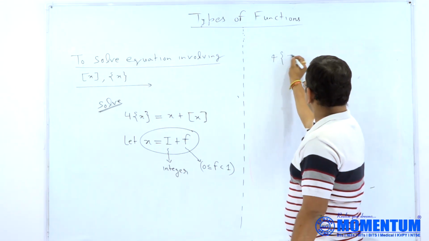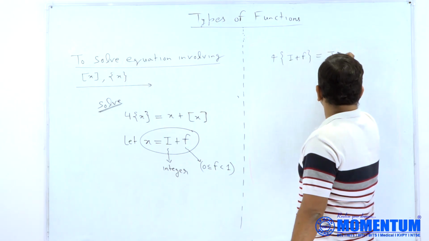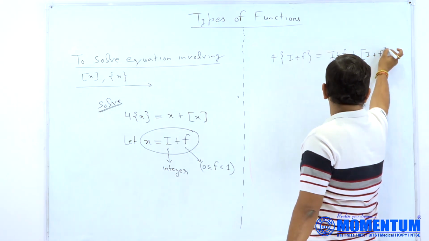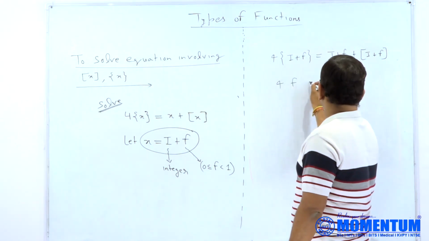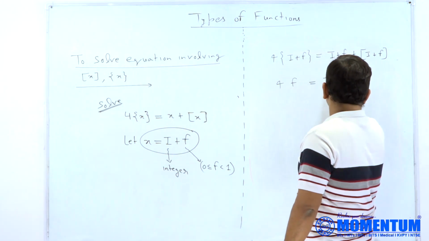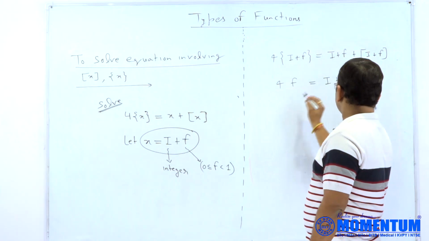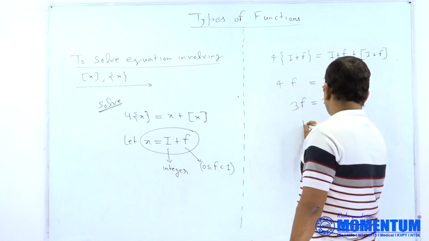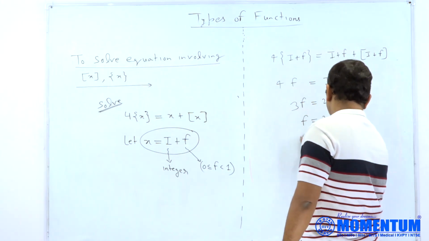So 4 times curly bracket of I plus f is equal to I plus f plus square bracket I plus f. Now curly bracket I plus f will give f, square bracket I plus f will give I. So in this way 3f is equal to 2i, f is equal to 2i by 3.